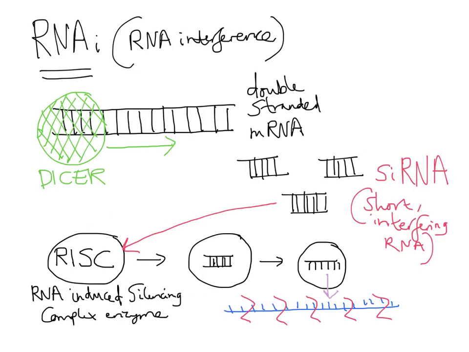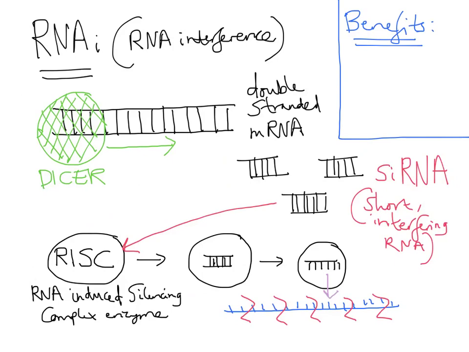Now, two questions that students often ask is, what could be the benefits of doing this? Two really important benefits, and that's what we're going to finish on. So I'm just going to put them here at the top. The benefits are really important to consider. The benefits of using RNA interference in this particular method.